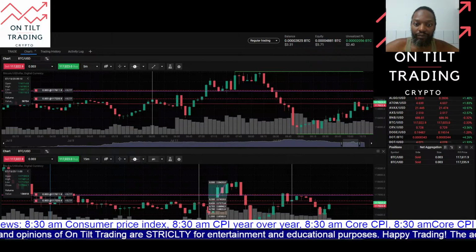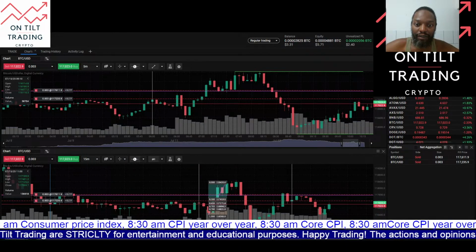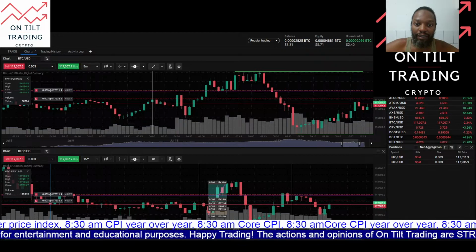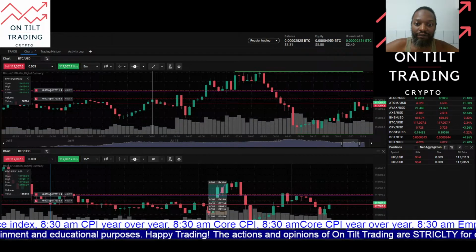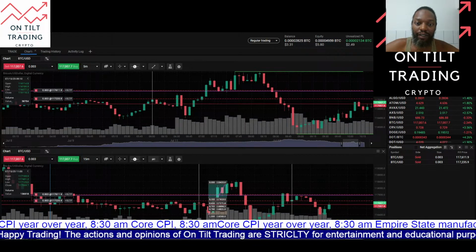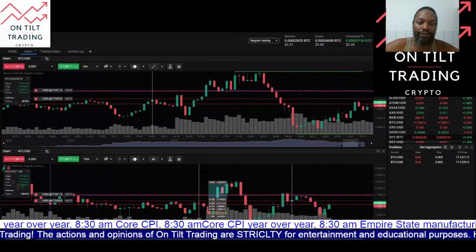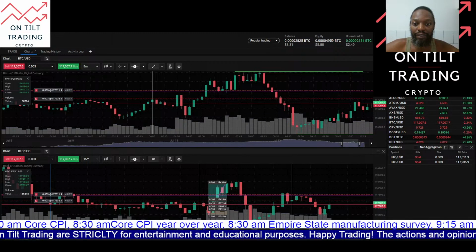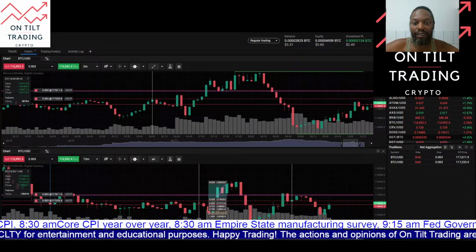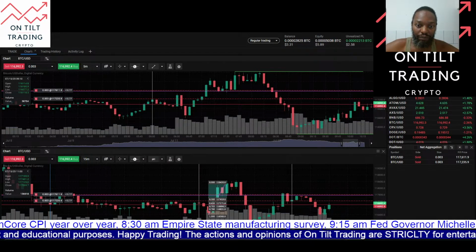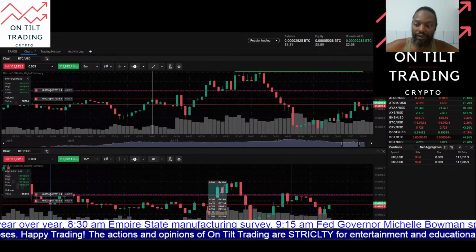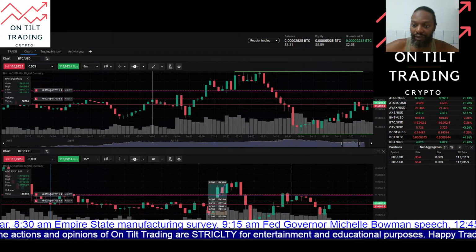Now it would be looking for a pullback and a fair value gap, which right here there's a fair value gap that I'd be looking to pull back into. But as you can see, the displacement continued and never pulled back. So this would not be an entry in this area.